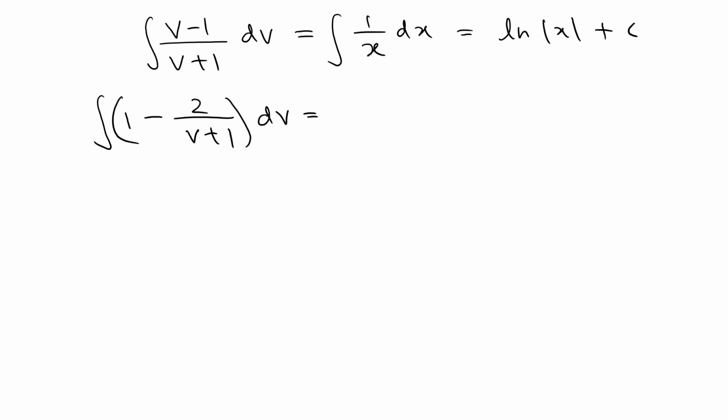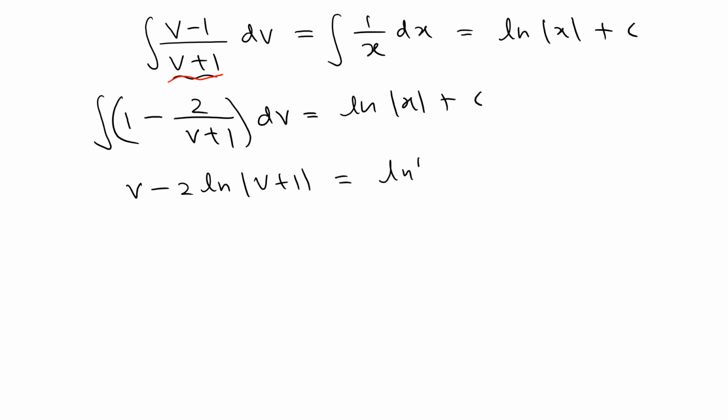We try to recreate the denominator term in the numerator, which is v plus 1, but when you go to plus 1, you get minus 2 to match it, and then we divide term by term. That's what you get. On the other side we have ln x plus c, which is very easy to integrate. So it is v minus 2 ln of (v plus 1) equals ln x plus c.